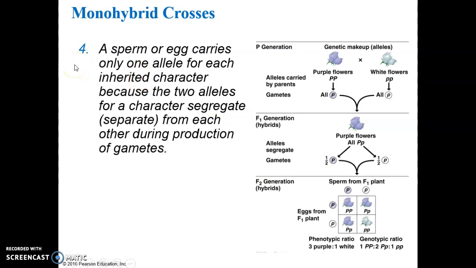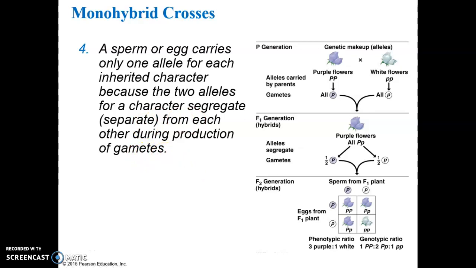And then lastly, a sperm or an egg will carry only one allele for each inherited character because the two alleles for the characters separate or segregate during gamete formation. Okay.